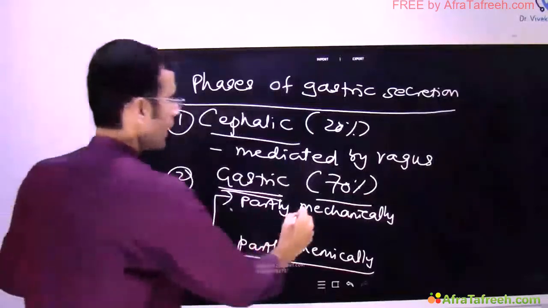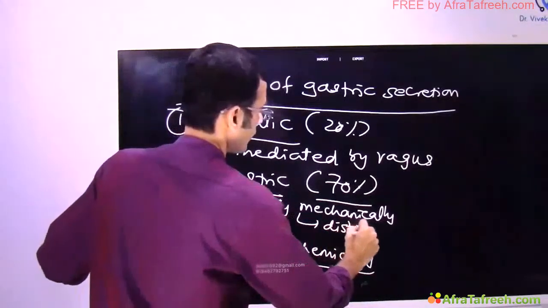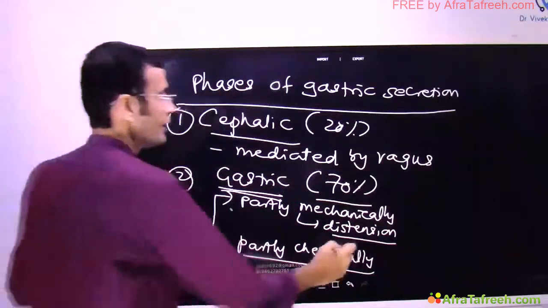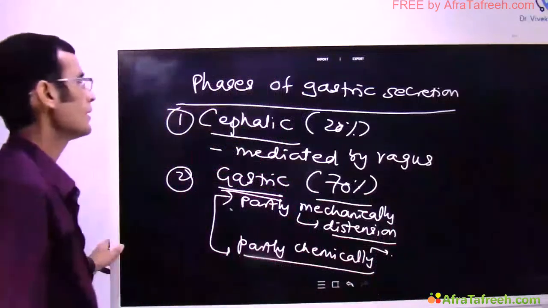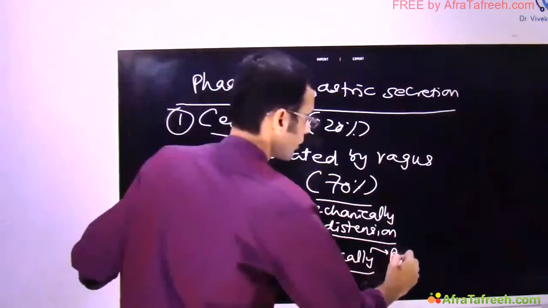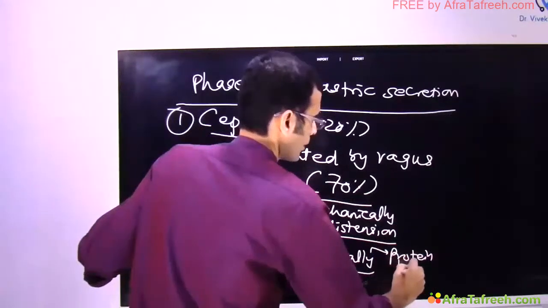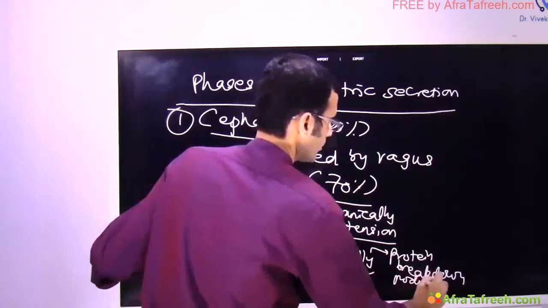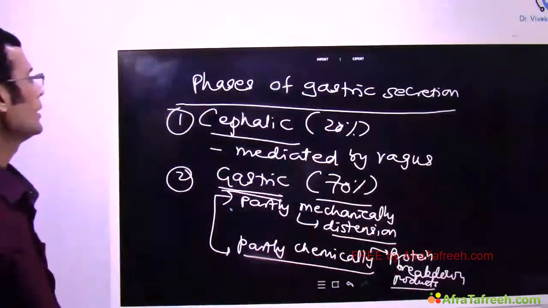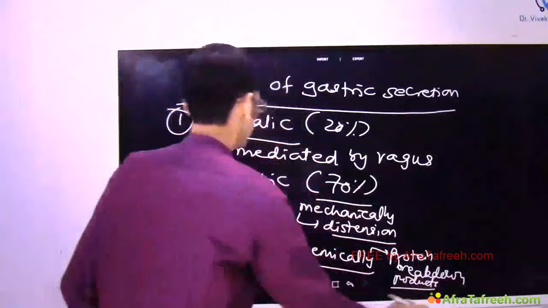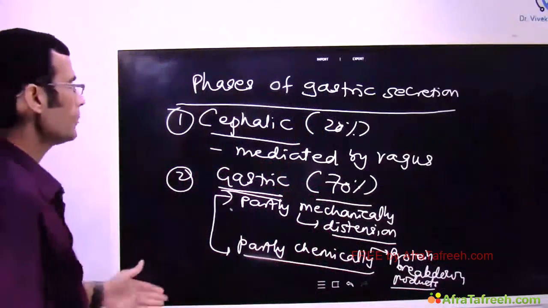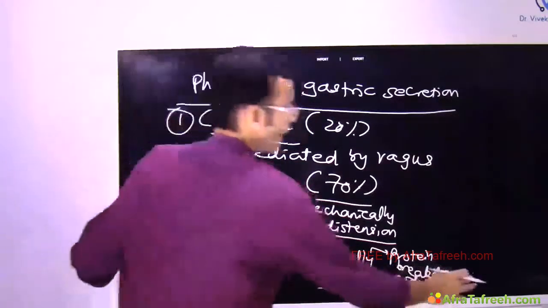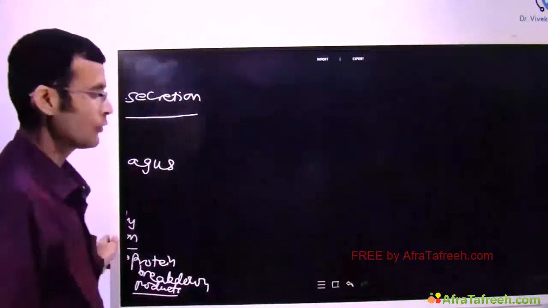Mechanically is by distension of the stomach wall as we eat the food, and chemically is by the protein breakdown products. They will further initiate the gastric acid secretion. So that's the gastric phase. It's mediated by the gastrin hormone.